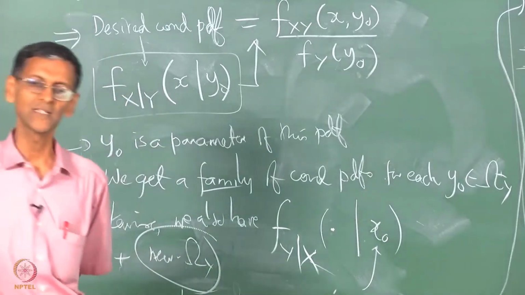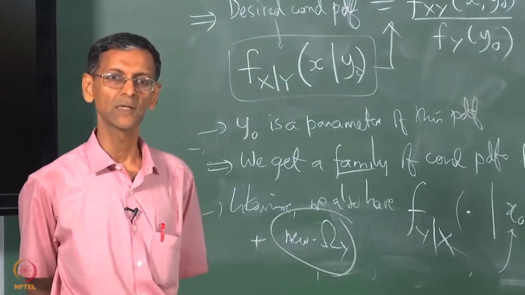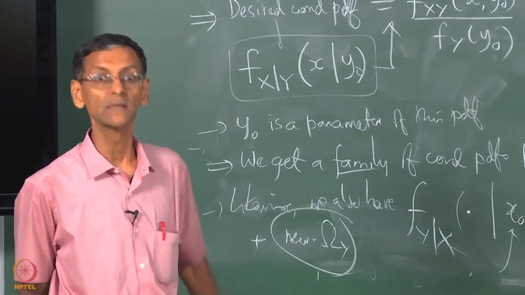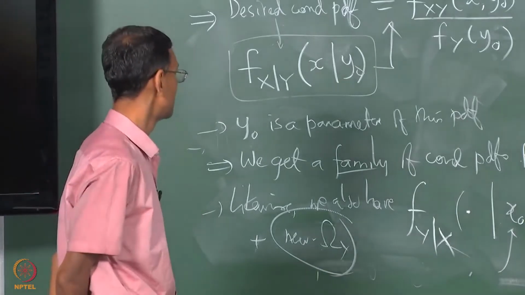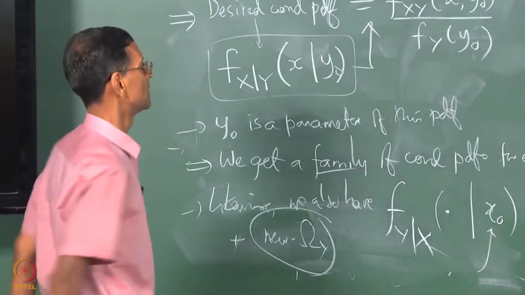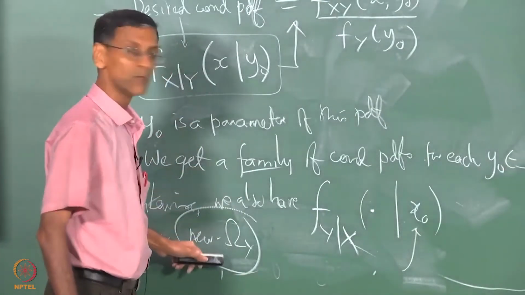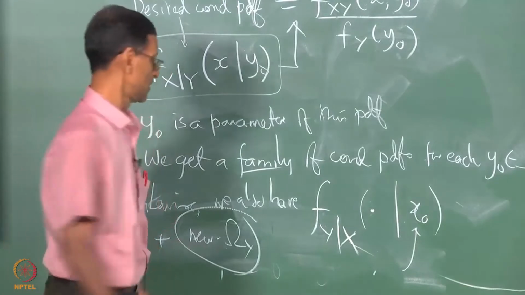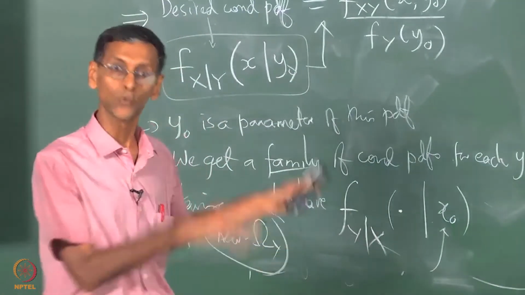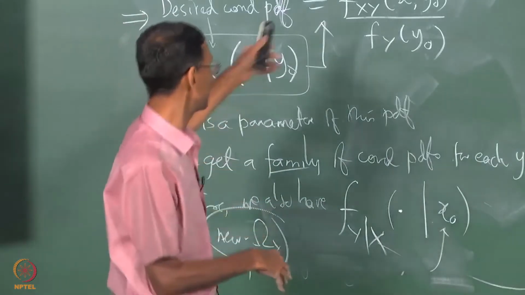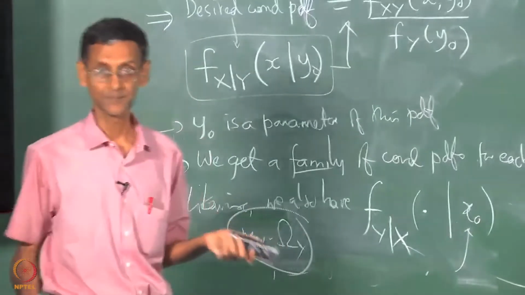I cannot underestimate the importance of finding that new range based on the conditioning that we did. As I wrote here at the bottom before I erase, once again I repeat, these have to be found first. It's better to know what you are looking for and then go look for it, rather than blindly apply formulas and then try to figure out where the formula is valid.